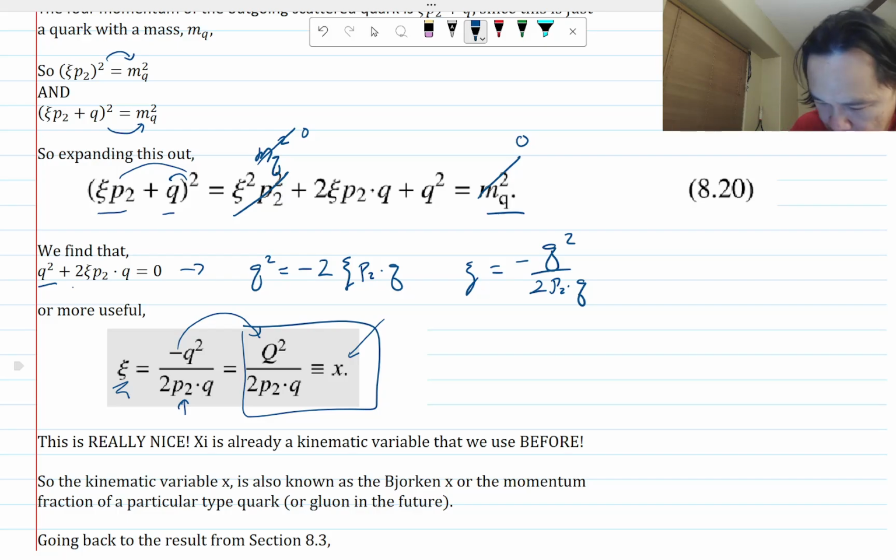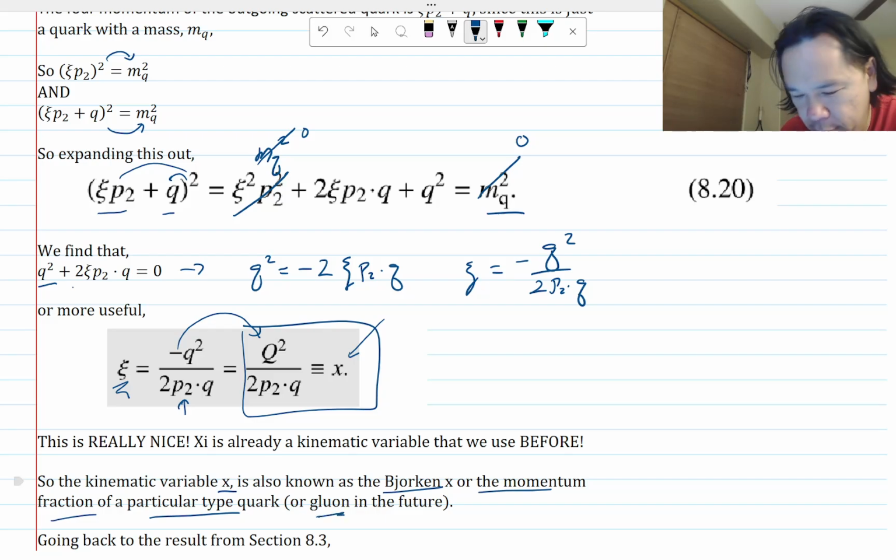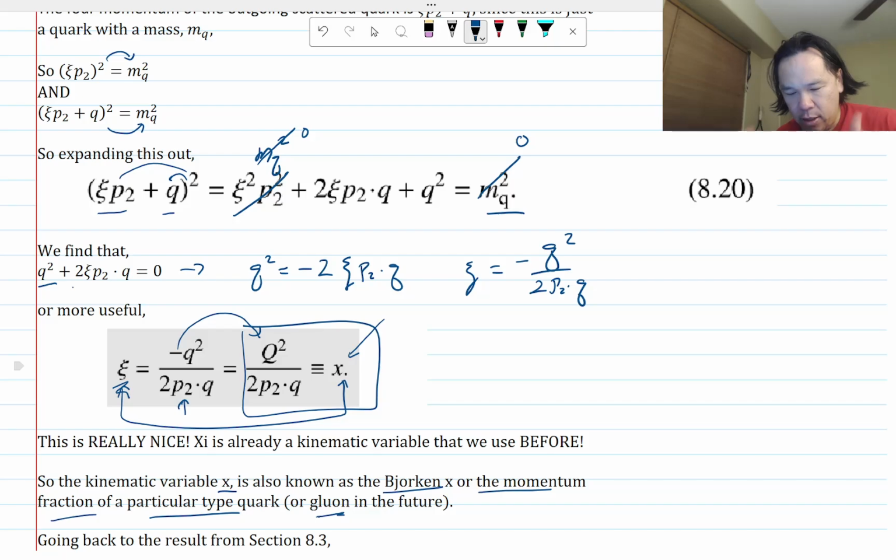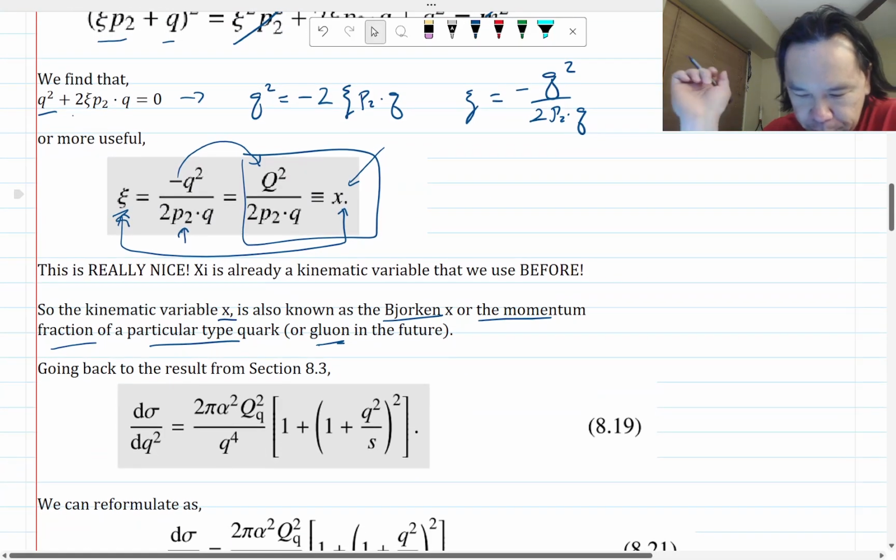This is also known as the Bjorken x, the momentum fraction of a particular type of quark. In the future we can talk about this in terms of the gluon fraction also. But the fact that this xc thing turns out to be x is really nice, because now we don't have to deal with another variable.